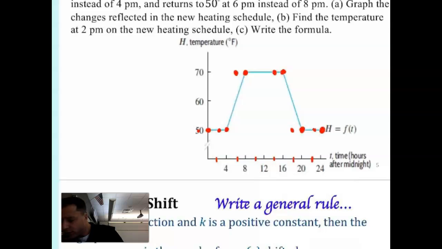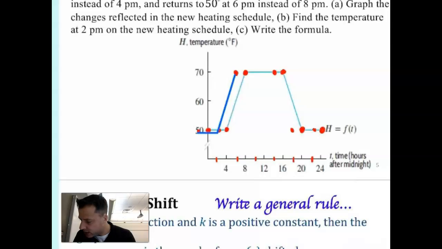So I've moved all those points 2 units to the left, and I'm going to connect my new points as best I can, and we'll see this nice little shift over of 2 units.